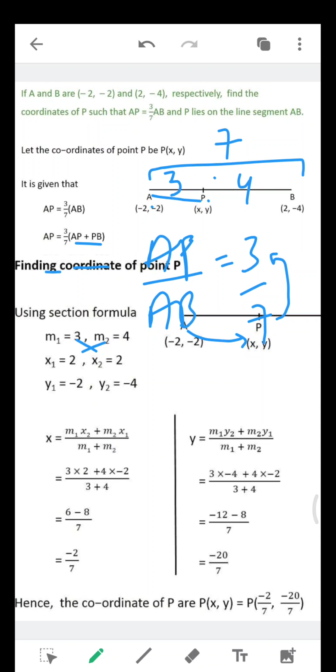So we get 6 minus 8, that is minus 2 by 7.